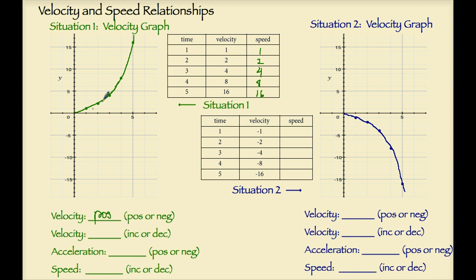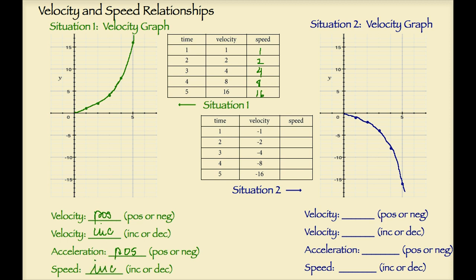This is referring to the slopes of this graph, and as you can see, they're all positive, therefore velocity is increasing. What about acceleration, positive or negative? Since that is also referring to the slopes of the velocity graph, that means acceleration is positive. Speed, increasing or decreasing? As these numbers are getting larger, we can see that speed is increasing.